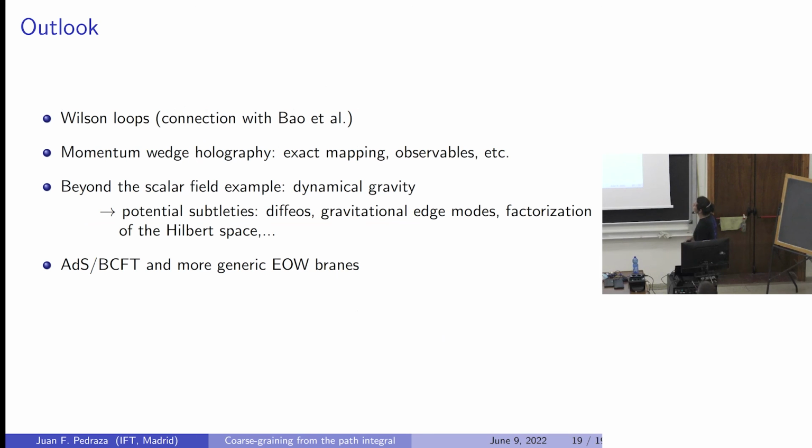And more importantly, one is going beyond the scalar field example, specifically to include dynamical gravity. But there are some issues there that we have to overcome. First is implementing invariance under diffeomorphisms. Then there is the issue of edge modes, and more drastically, in quantum gravity it's not clear if you can factorize the Hilbert space.